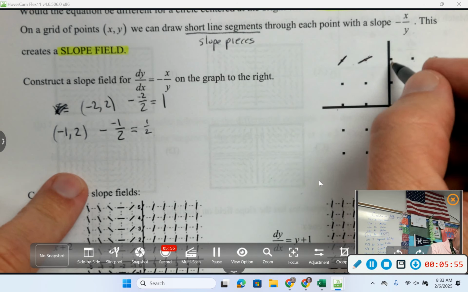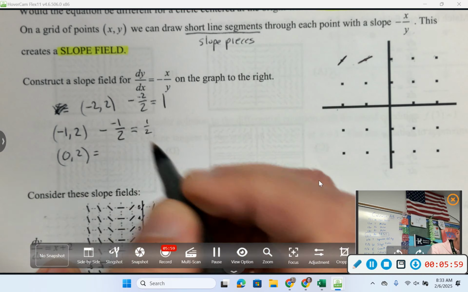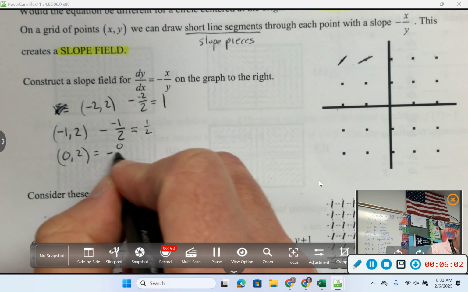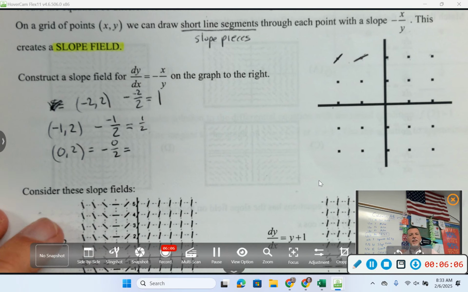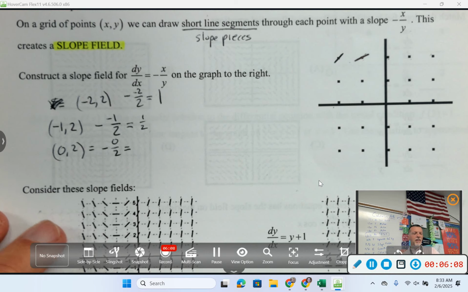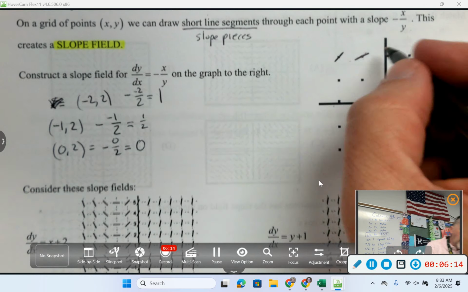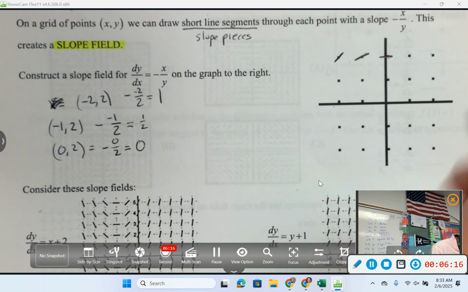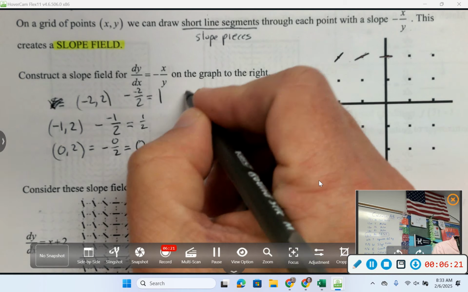All right, my next point would be 0, 2. So that slope, what's a better way to say negative 0 over 2? 0. And what does a 0 slope look like? Yeah, horizontal. So that's an easy one to sketch in. Let's keep going. So 1, 2.